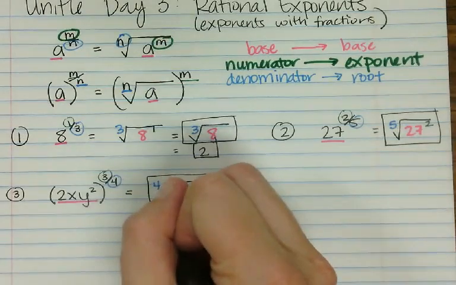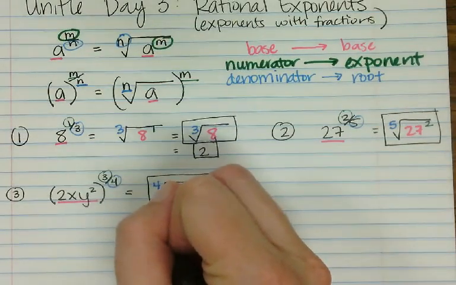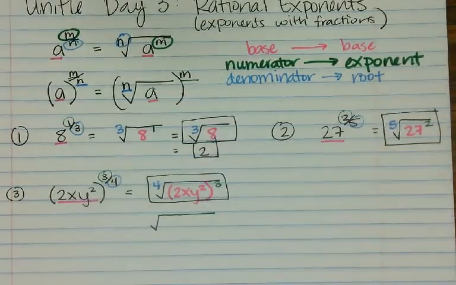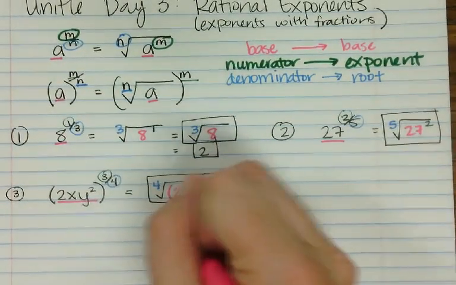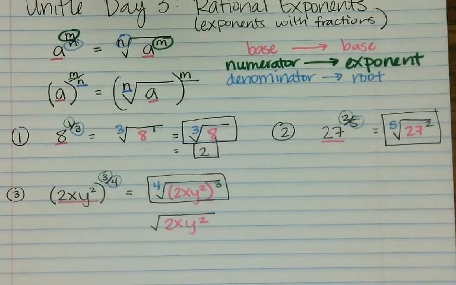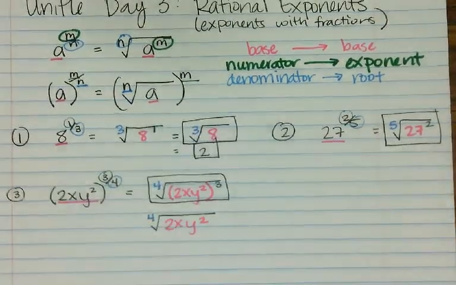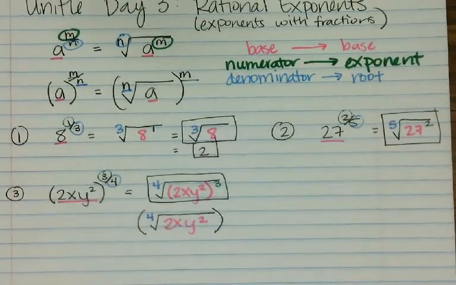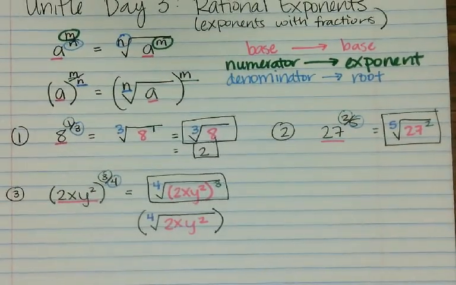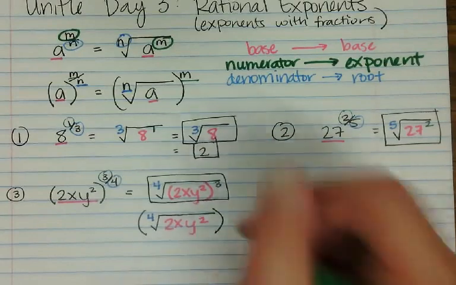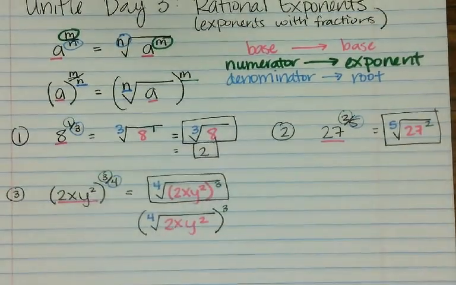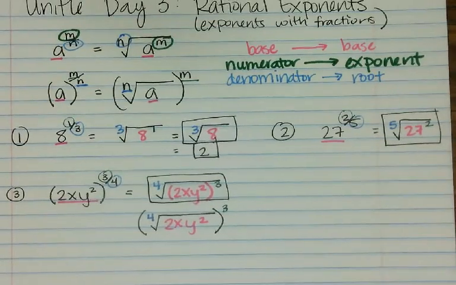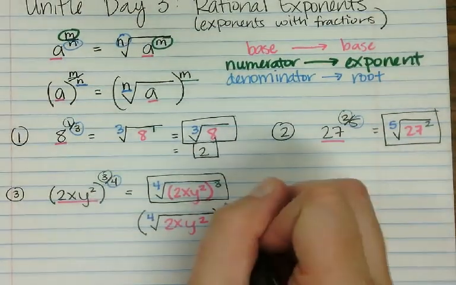Depending on how they want to write it, you could also have 2xy squared like this, and your parentheses could be outside of your radical. So sometimes your parentheses is inside your radical, sometimes it's outside. It's kind of annoying because both of those are 100% correct.